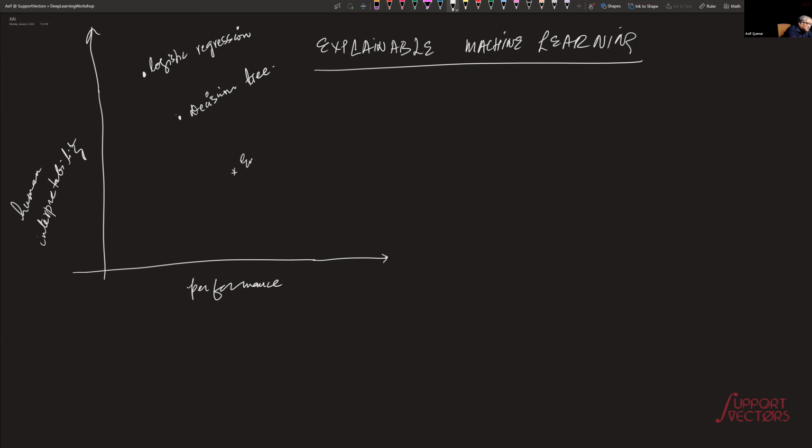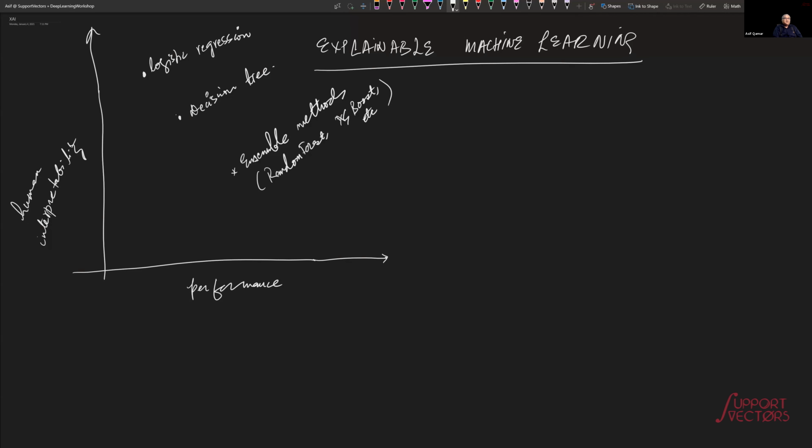You get the ensemble methods. Random forest, boosting, XGBoost, etc. There are many of these. And so all of these, you realize that what you lose is interpretability.